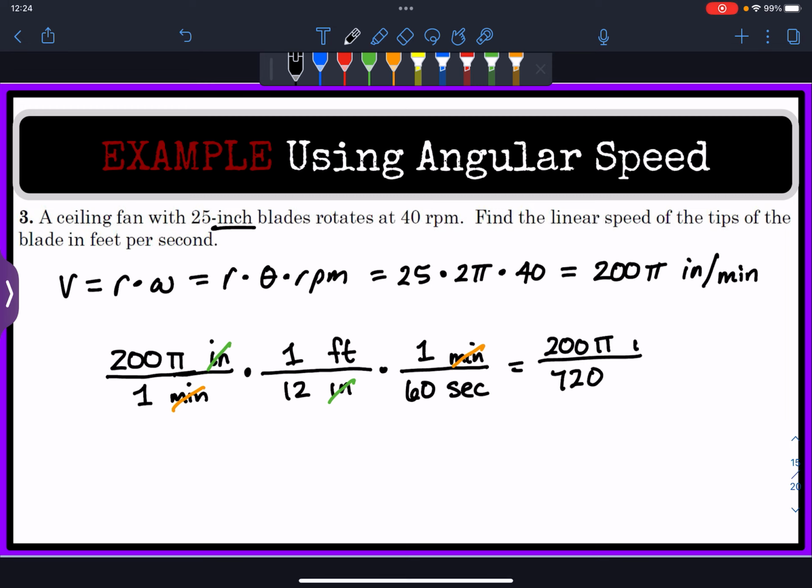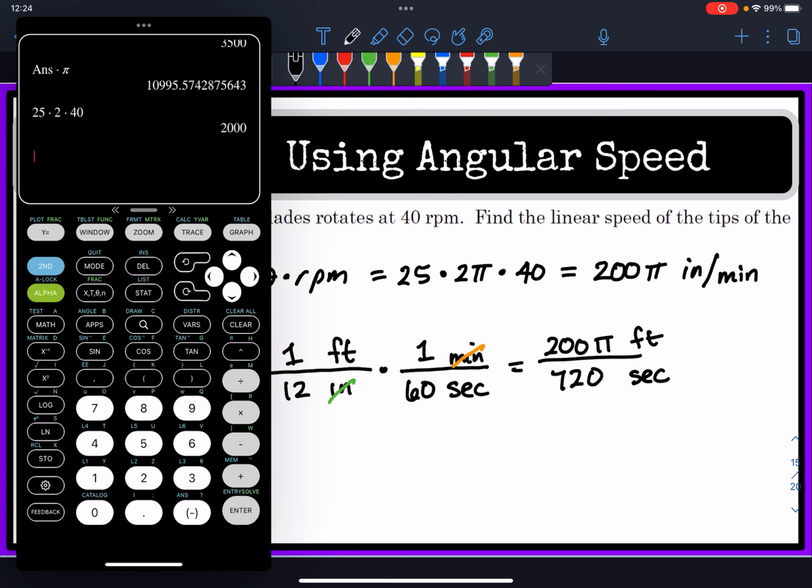I'm just going to simplify this. So our linear speed is 200 pi, which I'm not going to do the pi right now, divided by 720. Let's convert that into a fraction. And that's 5 pi over 18. So 5 pi over 18 feet per second.